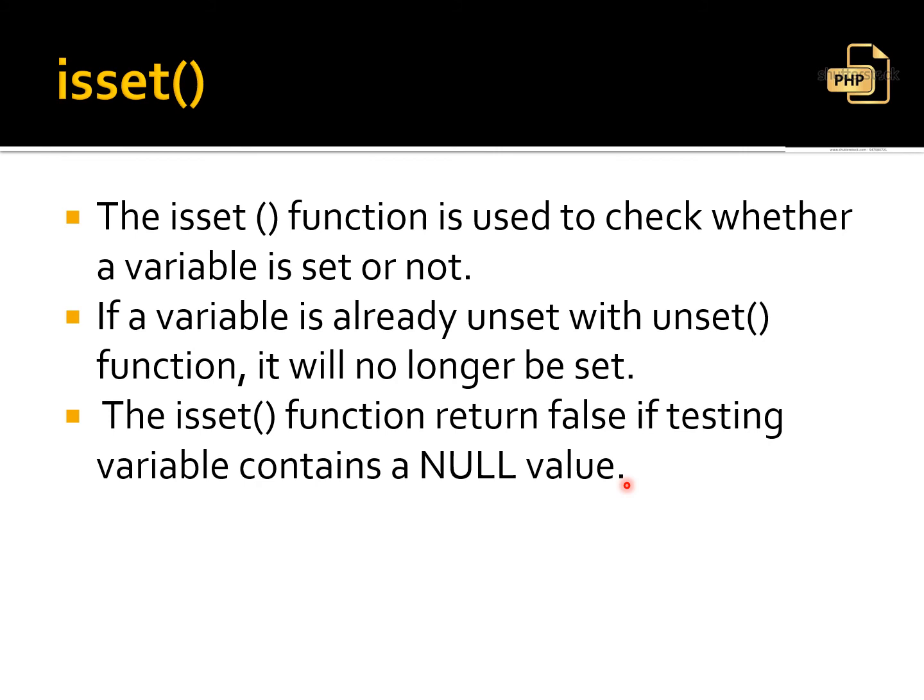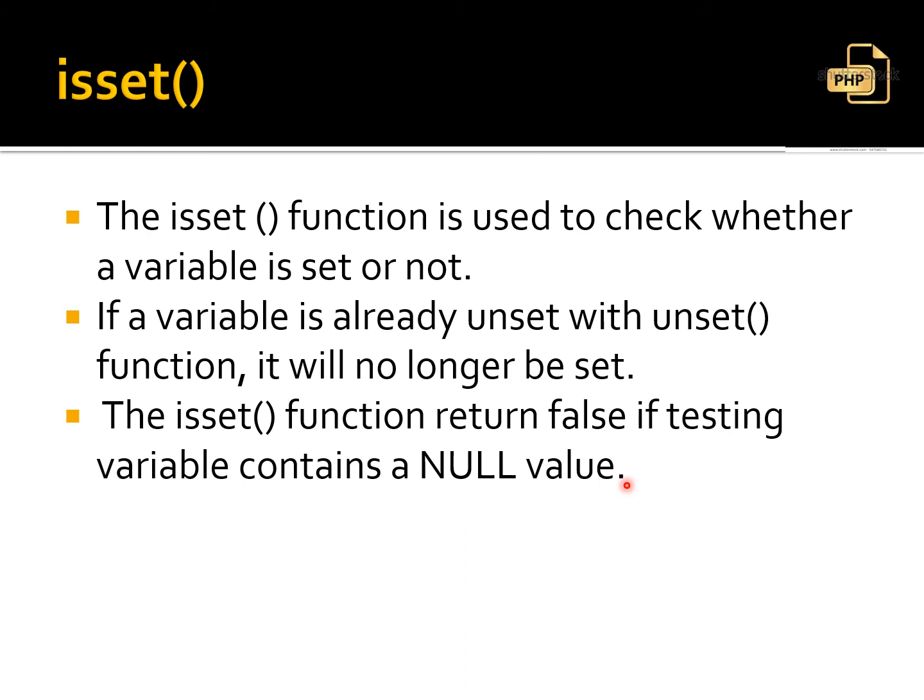It will produce a true value if it contains valid data, and it will return a false value if the variable does not have any specified data type, or if the variable is of null data type.